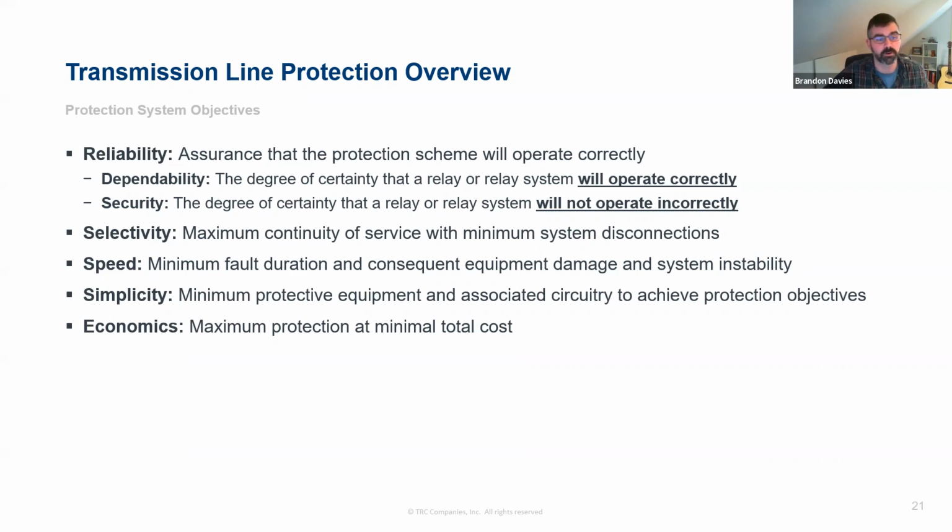It's very easy to fall into a mode where you do something overly complex. You've applied too many protection elements because you think you're covering everything, and it's going to increase these other metrics of reliability and selectivity or speed. But the more things you apply, the more things you have a chance of misoperating.